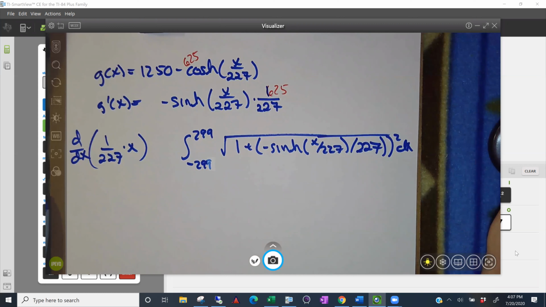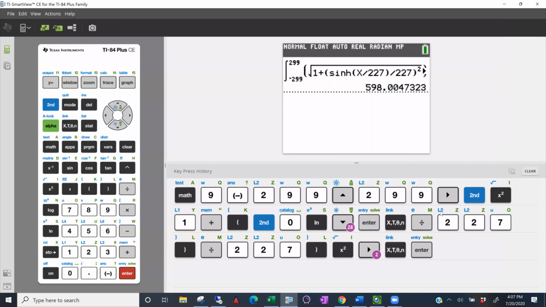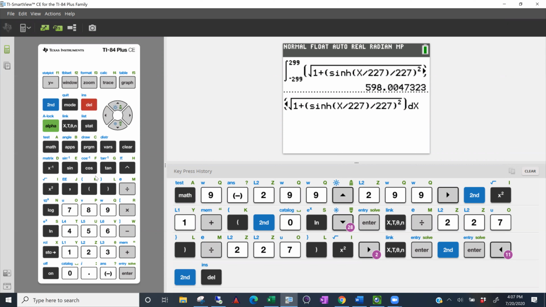You can find the hyperbolic cosine the same place. I think I can fix this one pretty quickly. If you hit the second key, then the enter key, it'll bring up your last computation. And let me squeeze in right here, hit the second insert, 625.